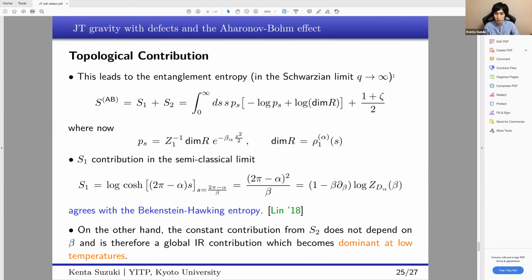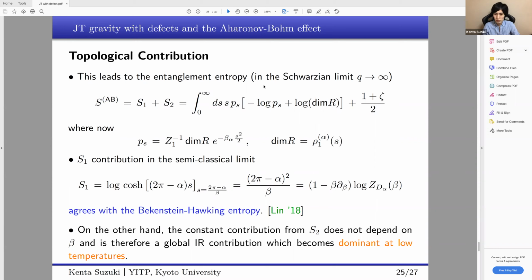In this Schwarzian limit, we have entanglement entropy written in these simple expressions. The first contribution is basically the same form as in the disk geometry case, but we also have an extra topological contribution, which appears only for the puncture disk geometry case.